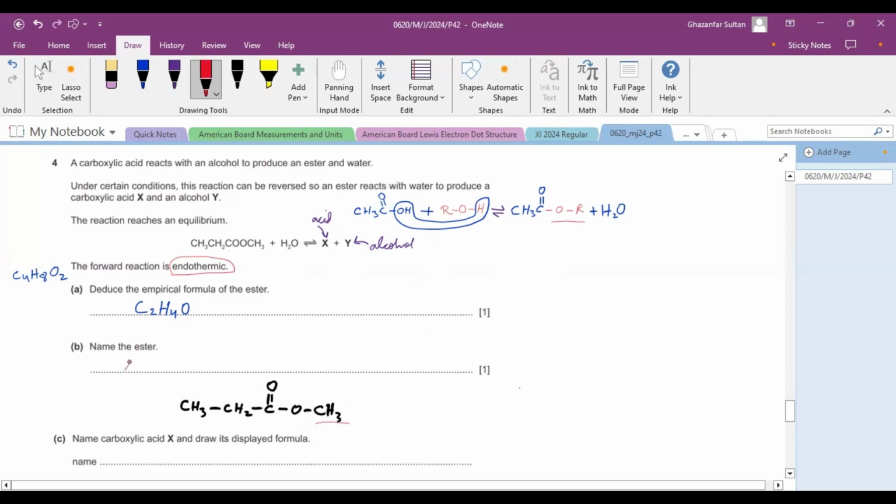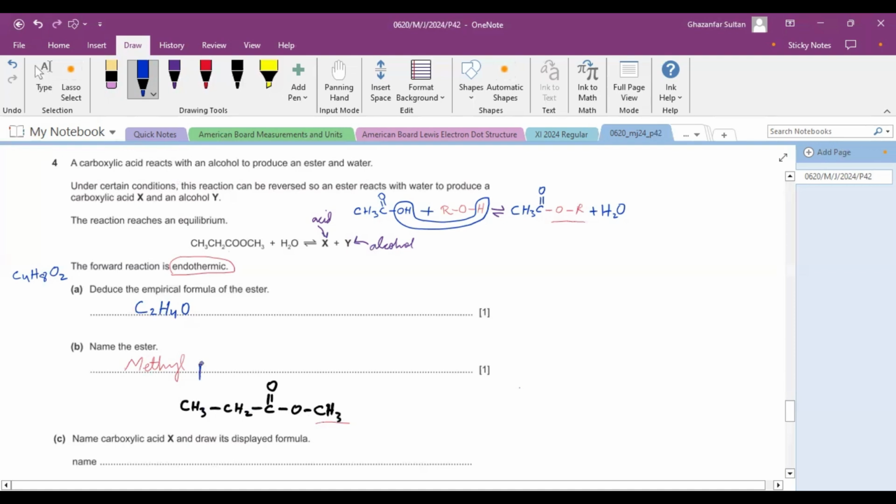For writing the name, we write it first. That is 1 carbon, so it is methyl group. But there must be a gap, and we will write the number of carbon atoms, 1, 2, 3.